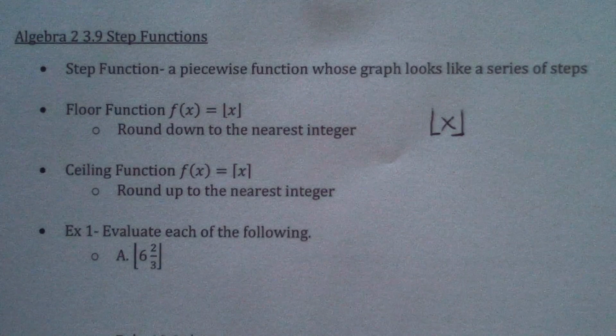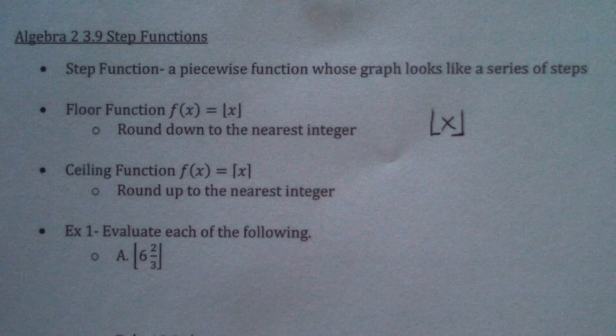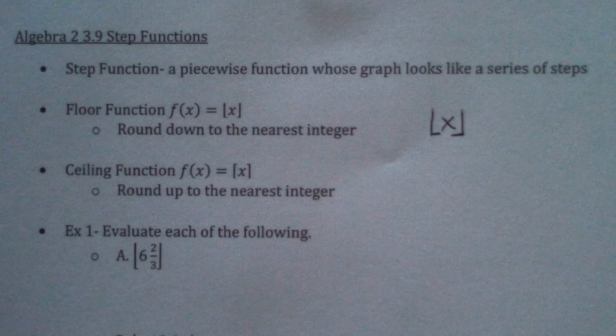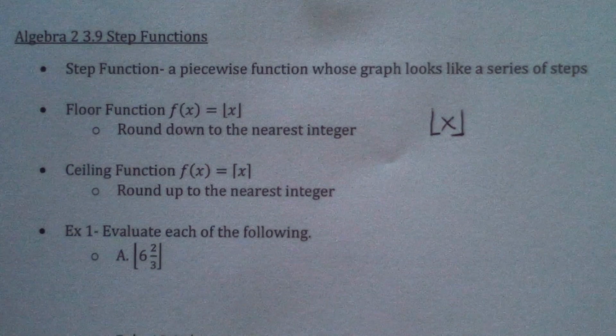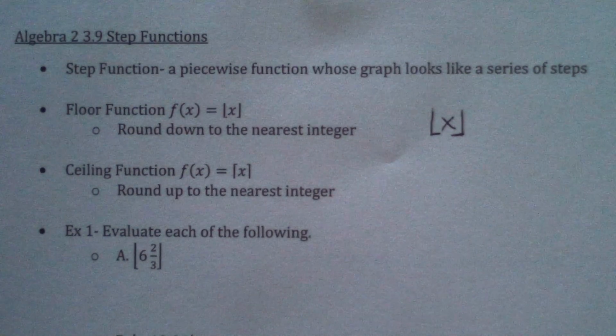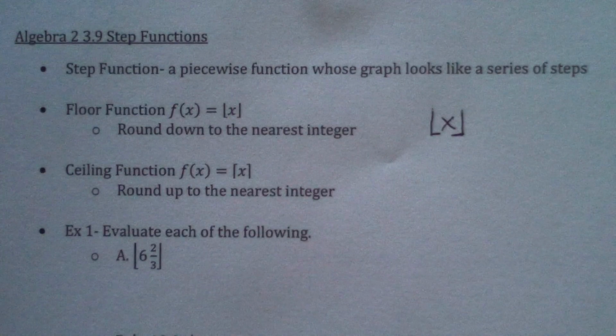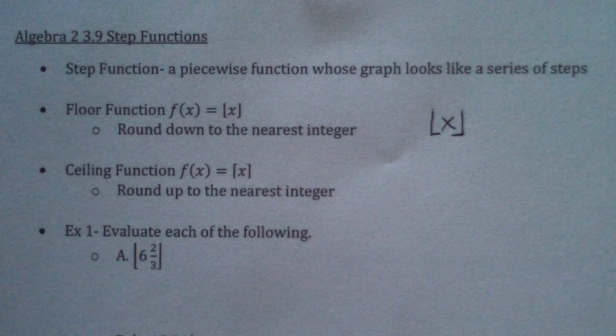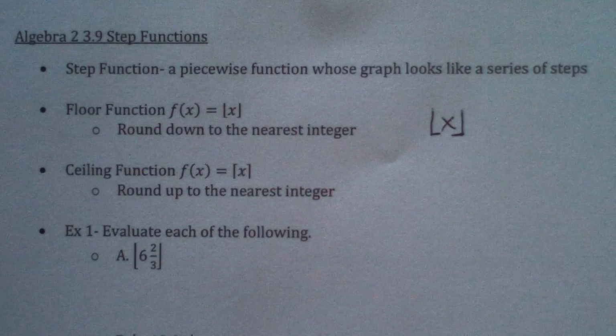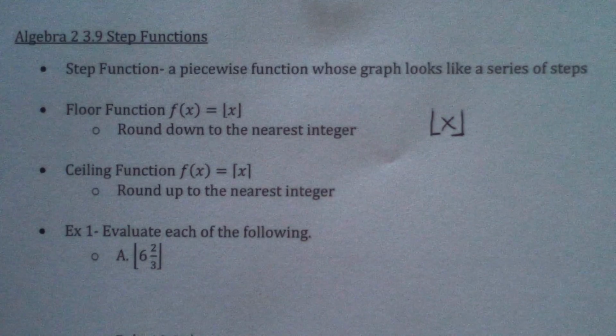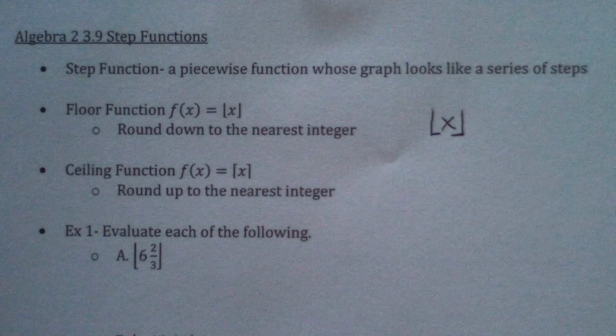There's an example in the book that talks about post offices and mailing packages. How post offices work is, say you go in and they say, if your package weighs 3 ounces, you have to pay this much. And if it weighs 4 ounces, you have to pay a little bit more because it costs them more in gas and whatever.